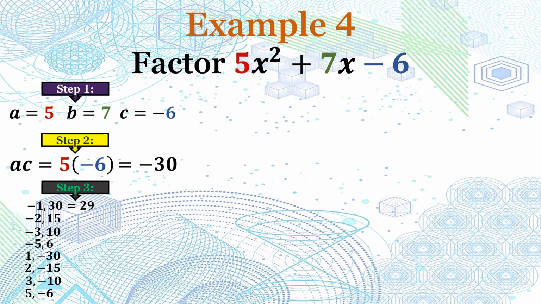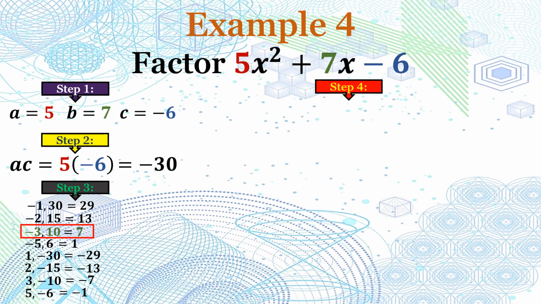So negative 1 plus 30 is 29, negative 2 plus 15 is 13, negative 3 plus 10 is 7, negative 5 plus 6 is 1, 1 plus negative 30 is negative 21, 2 plus negative 15 is negative 13, 3 plus negative 10 is negative 7, 5 plus negative 6 is negative 1. So the factors of AC that add up to B are negative 3 and 10.